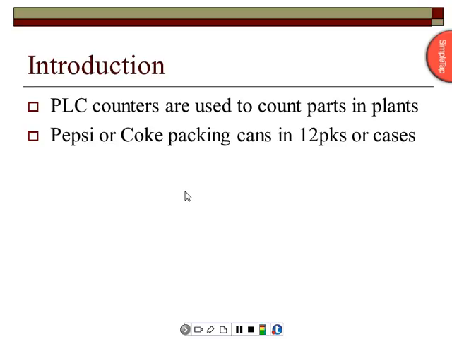Once I wrap the cardboard around the 12-packs, if 100 of them are in a pallet, then I might have another counter that's counting how many 12-packs I've wrapped and set on this pallet until I get to 100. Everybody okay? So there are uses for counters, but counters count things. Counters do not time.